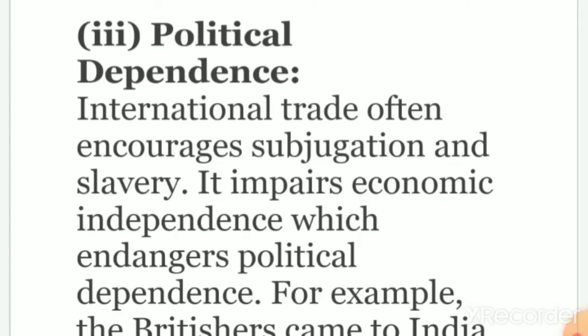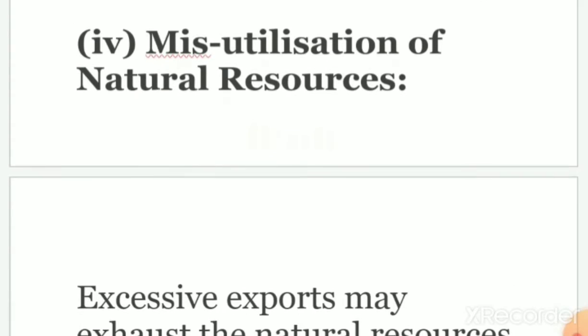For a vibrant and massive democracy, we should have political autonomy and independence from the rest of the world. The world should not be allowed to intervene in the internal democracy. So political dependence should not be allowed at all. In these situations, international trade can be negative for the domestic economy.